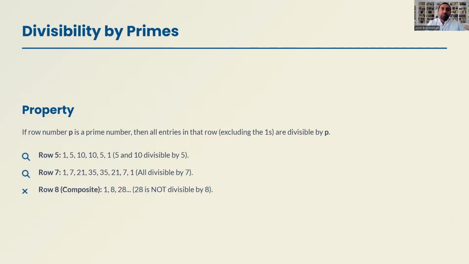Divisibility by primes. If row number p is a prime number, then all entries in that row, excluding the ones, are divisible by p.